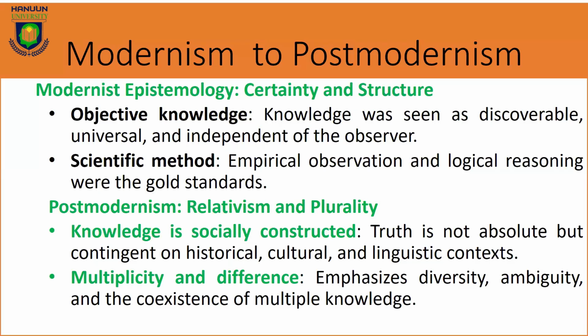In the era of modernist epistemology, knowledge, truth and what we say reality are understood as something which is certain, as a result of structure, and as something which is objective. Knowledge is considered to be objective, free from bias. So our research results are considered to be free from our bias, free from our perceptions. Knowledge is considered to be independent of the person who is conducting the research.